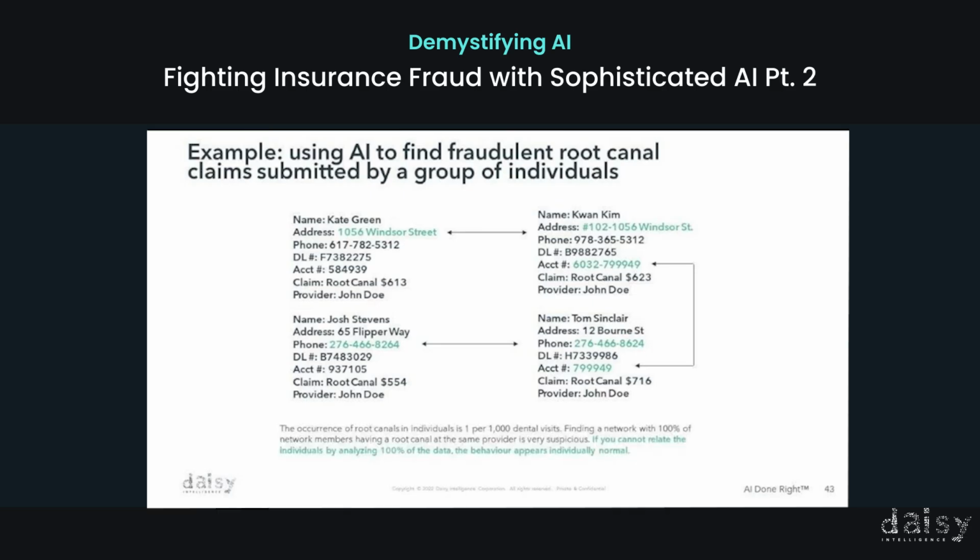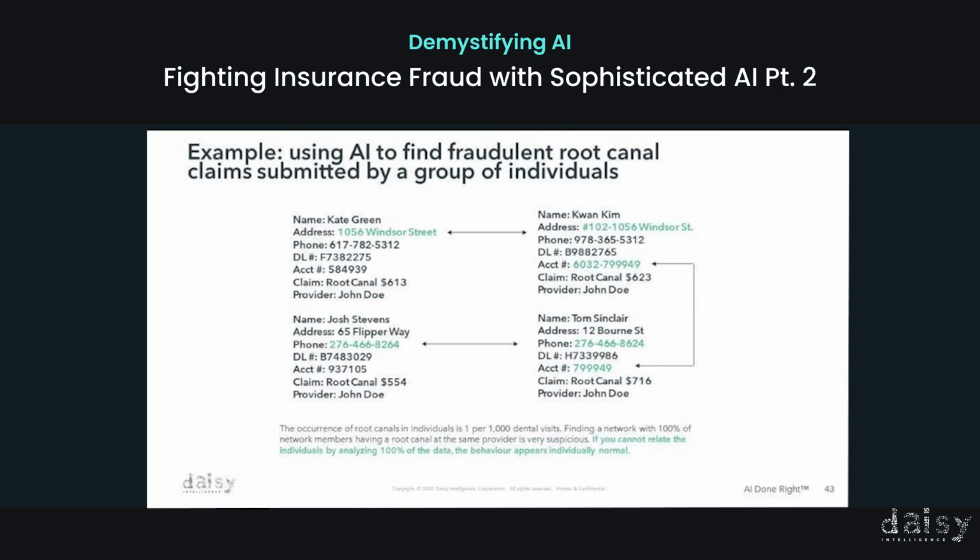So 100% of people in a network of 4 who are connected non-obviously with the same address, same phone number, same bank account, yet they're not in the same family group, having 100% of people in a 4-person network all having root canals, that is an outlier. So again, we do an outlier analysis on the social network built from non-obvious connections. And what would have looked like 4 root canals and 4 unrelated people, that's not an outlier.